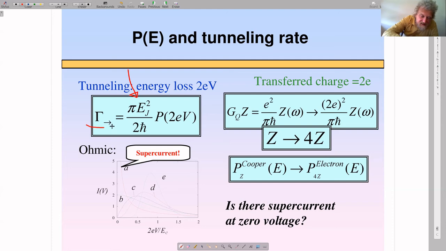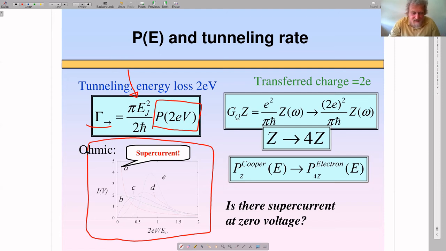The rate of this tunneling will be proportional to P(E) at voltage 2eV. On the other hand, each jump is a Cooper pair tunneling, so the rate eventually determines the current through the Josephson junction.